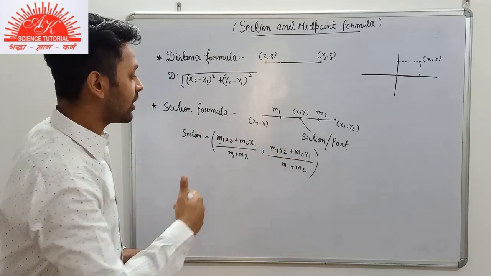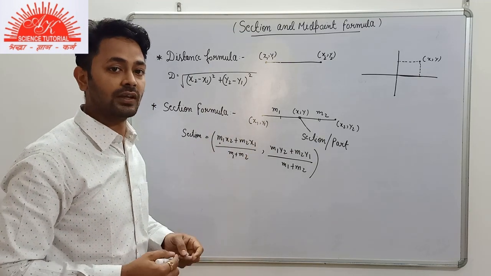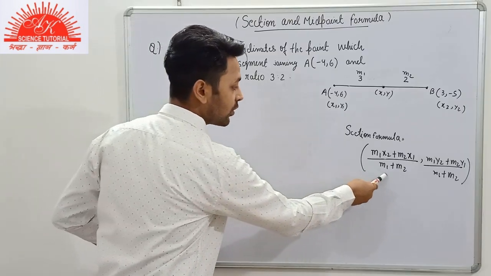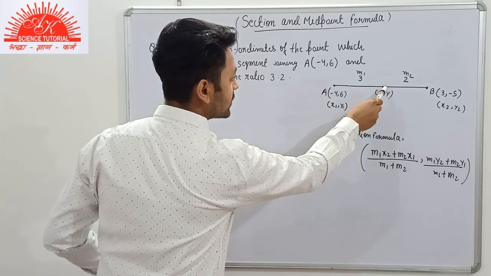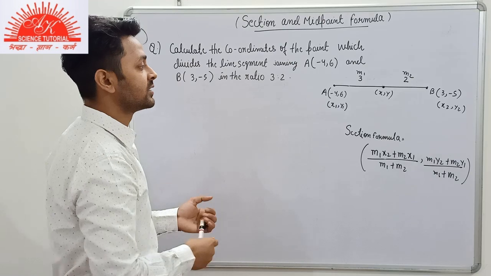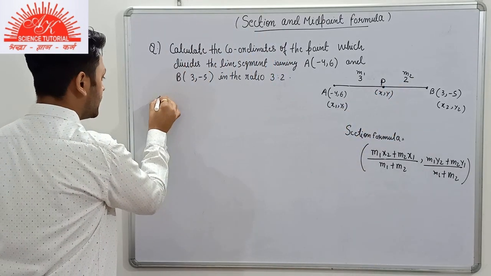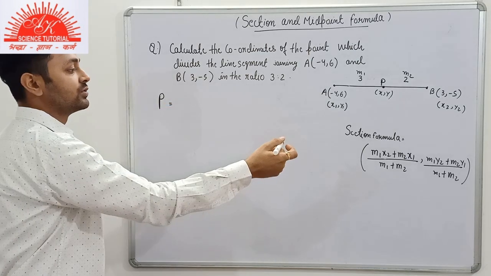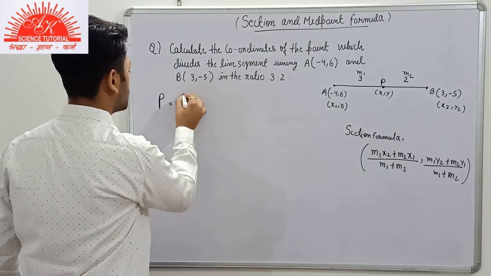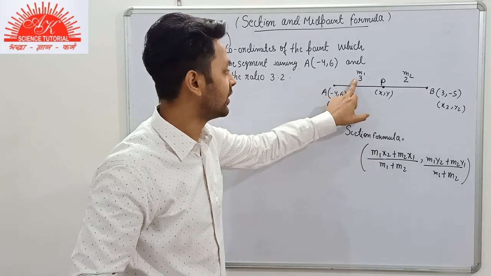Okay. Now coming on to some examples on the basis of the section formula. We are using this formula to find the coordinates of the point which is dividing the line segment AB into two parts. Suppose we let this point be P. For finding the coordinates of P, we use the section formula. M1 is multiplied by x2. The value of m1 here is 3.